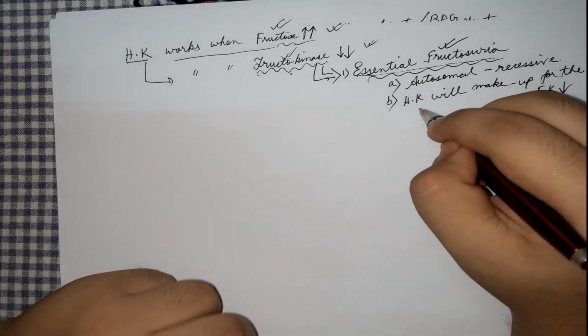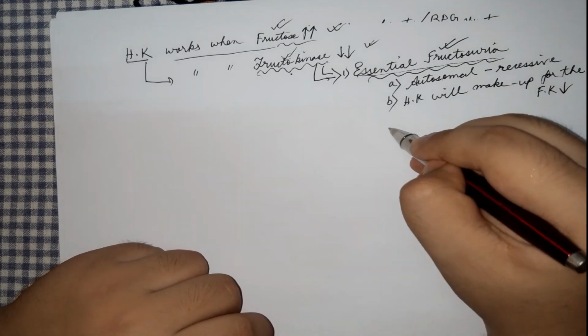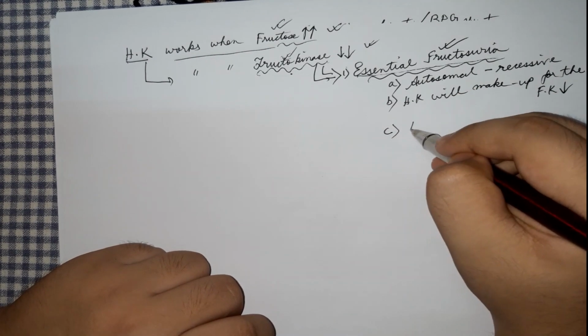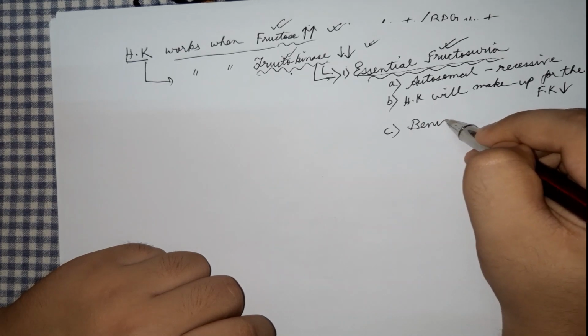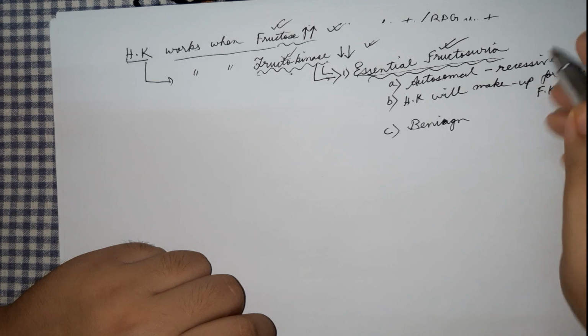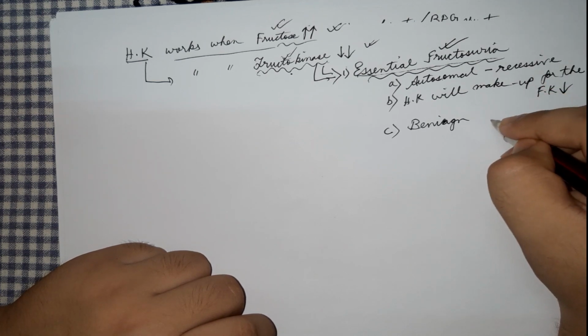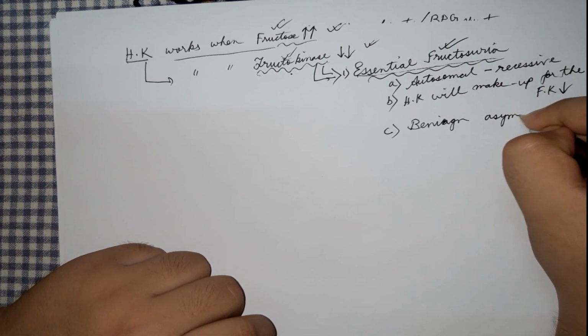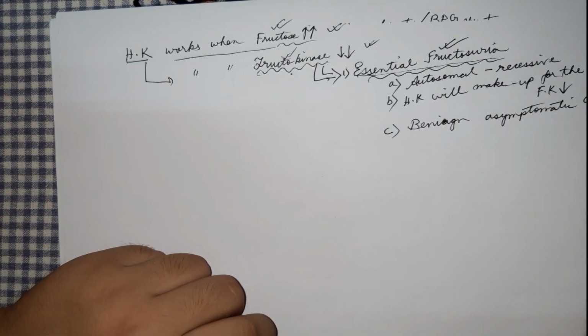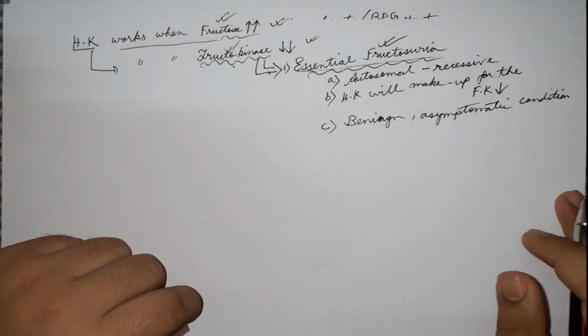Hence, since hexokinase will make up for that, essential fructosuria is a benign and asymptomatic condition. See, it's very logical. There's nothing to mug up here.